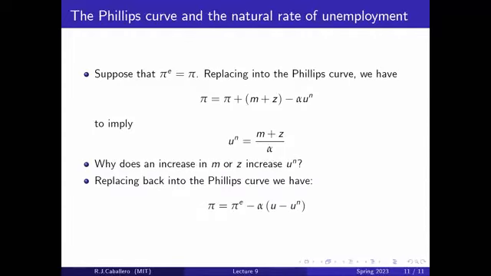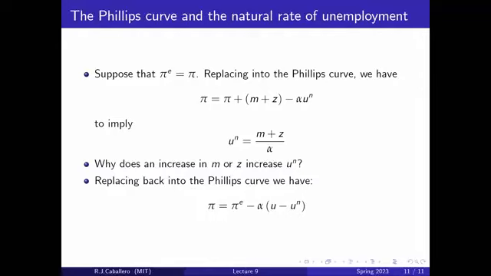And the last step we had there is we said, well, what happens if we stick in here the natural rate of unemployment? Then that will happen only when expected price is equal to actual prices. So when inflation is equal to expected inflation, from here we can solve the natural rate of unemployment as a function of these structural parameters.